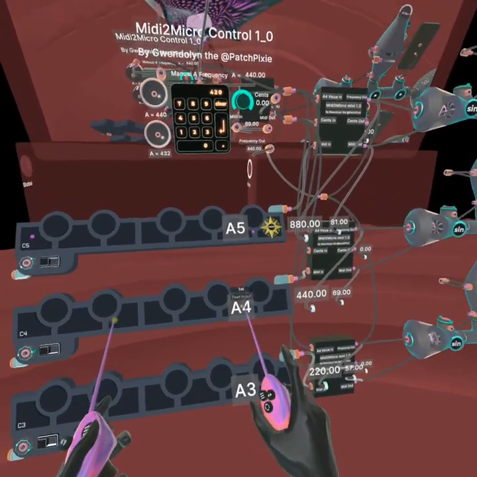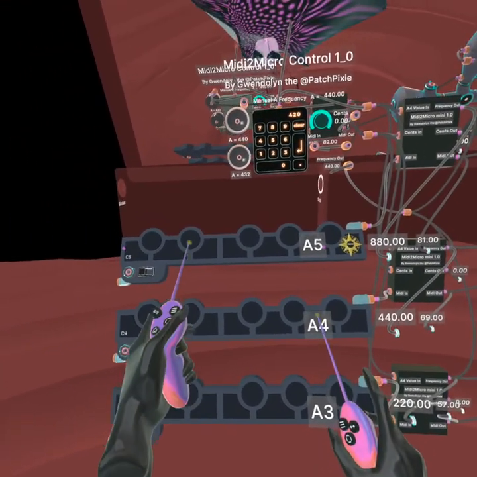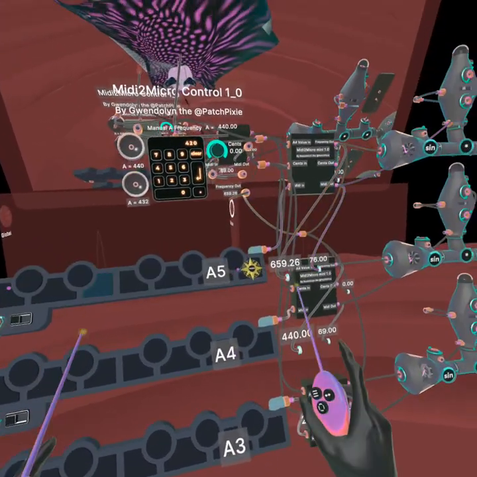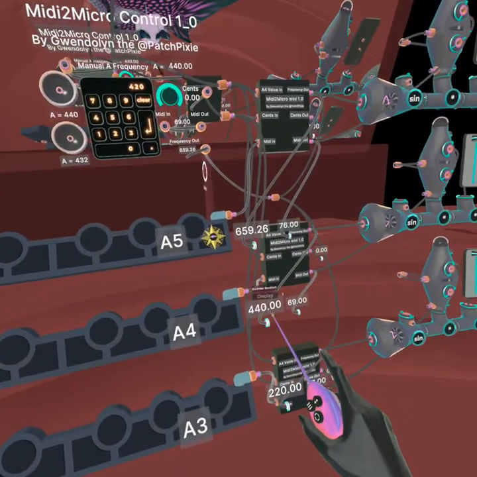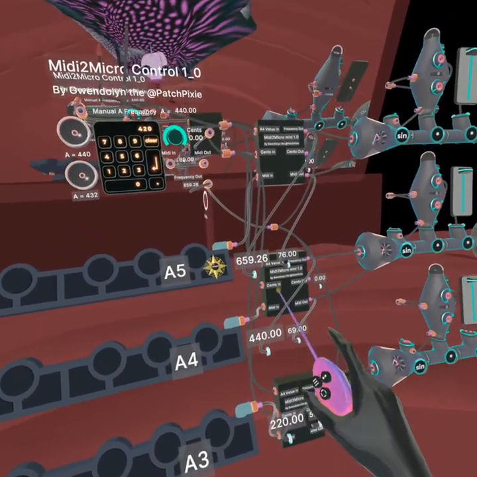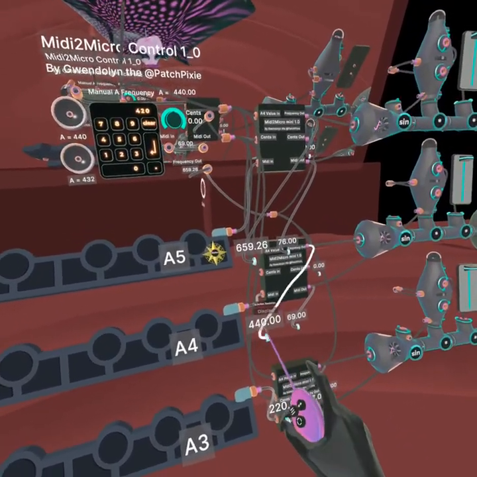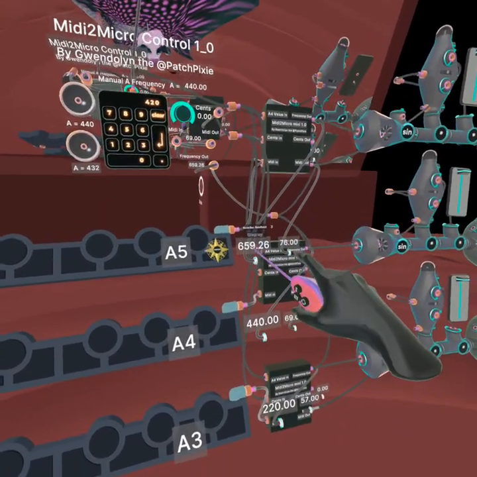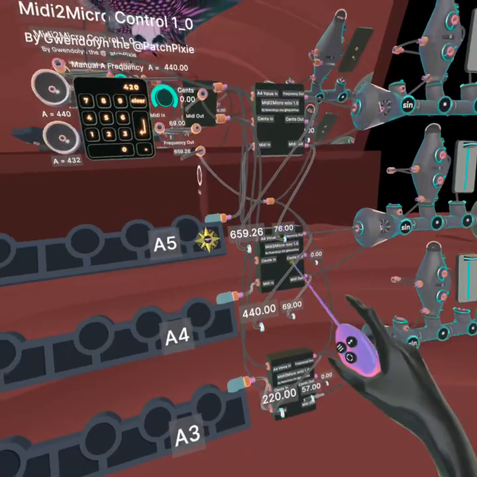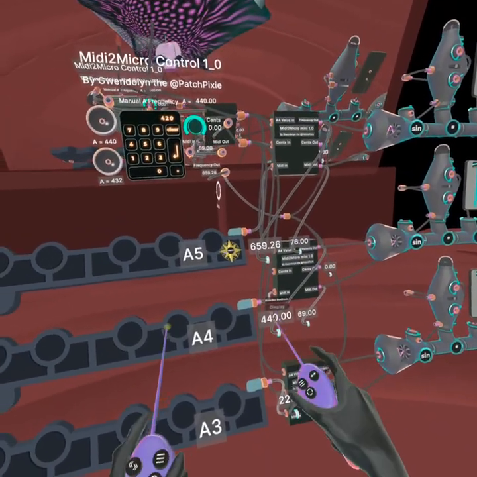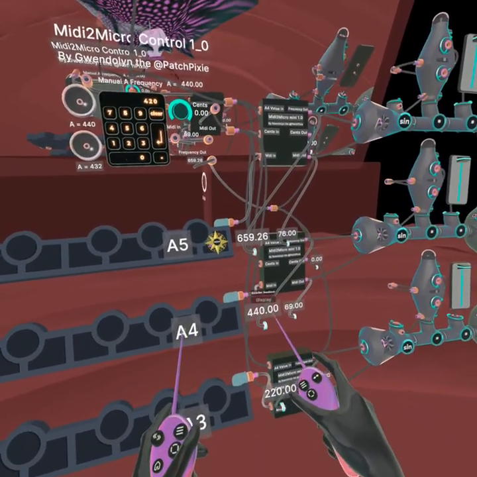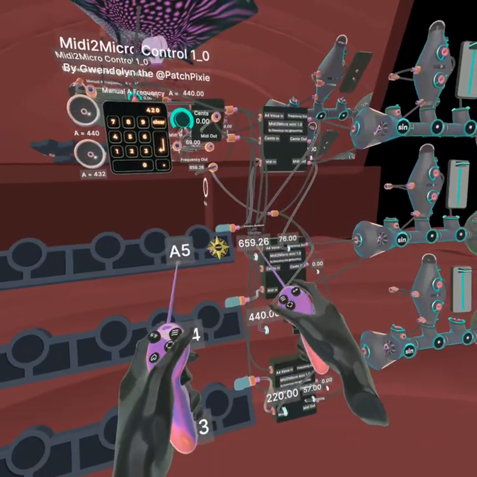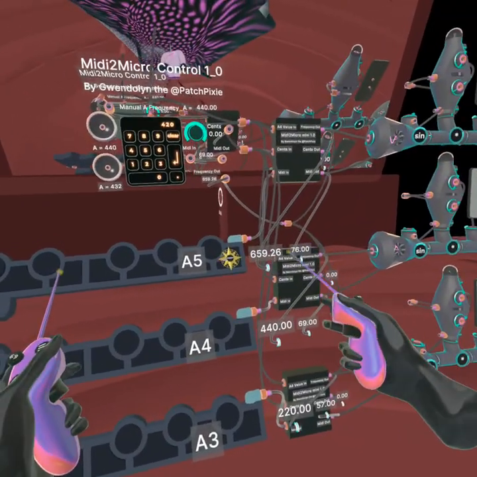So what would it be? The E above A. In the harmonic series, it's a 2 to 3 ratio. So 2 vibrations to 3 vibrations. So in the perfect world, this would be 660, because for every 2 times the A is vibrating, the E would be vibrating 3 times.